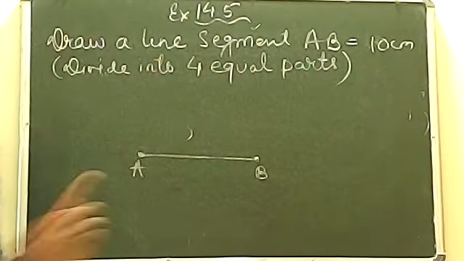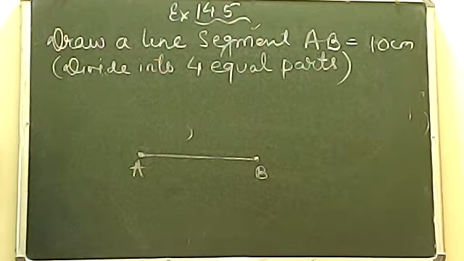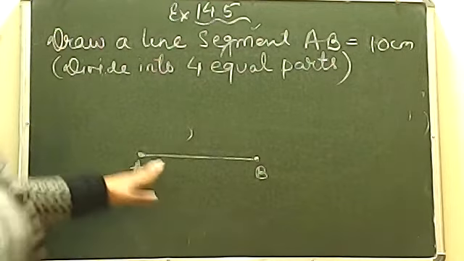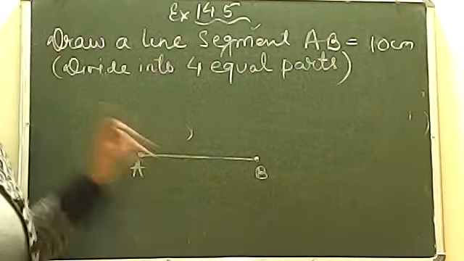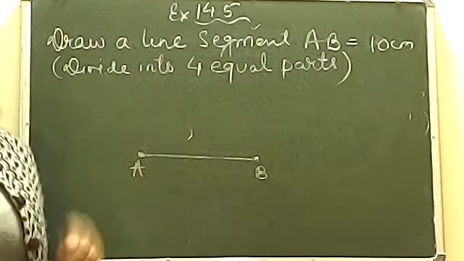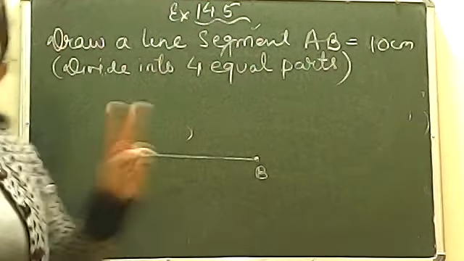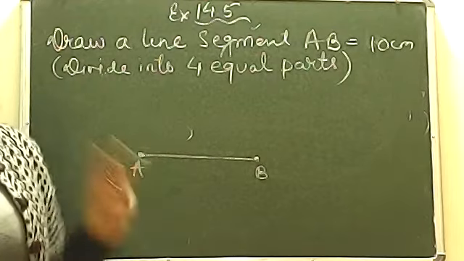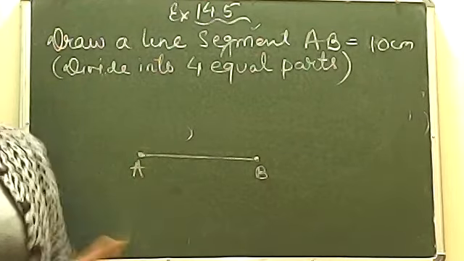Akshat, now please understand here, beta. You were telling the ma'am, please explain it again. So I am just doing it once again now. So now what we will do, beta, this AB is of 10 centimeter. Now before we move to 4 equal parts, first we will make 2 equal parts. Okay? By the same process which we have already done.